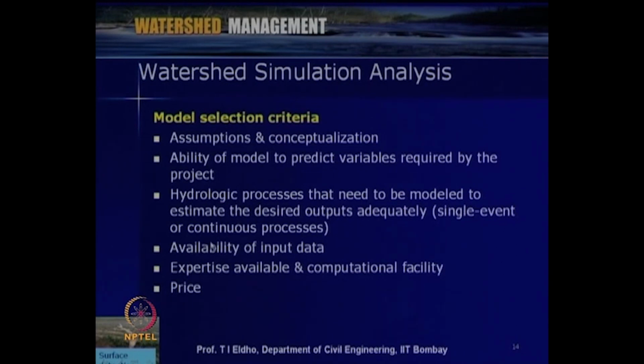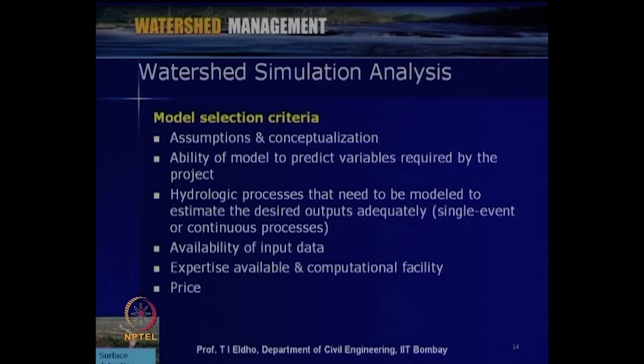Then of course, the most important aspect is whether we have sufficient input data. If sufficient and accurate input data is there, then only we can go for very complex models which can give better results. But if sufficient data considering various aspects is not there, then we have to go for simplified models.